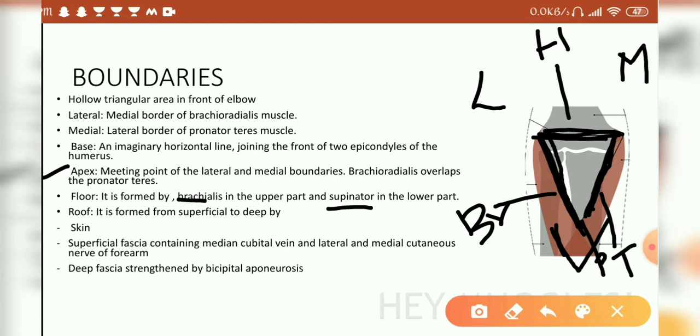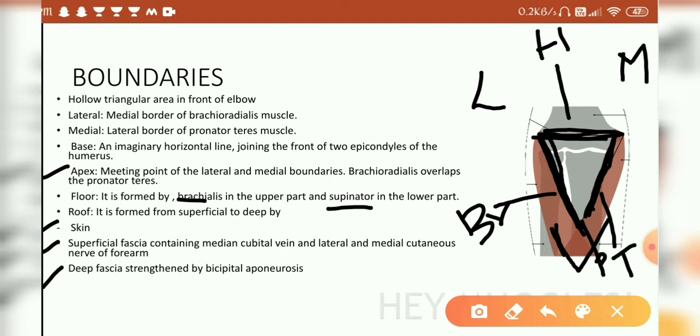Then coming to the roof. The roof is formed from superficial to deep by skin, superficial fascia and deep fascia. This was the basic that you know. Whenever we cover any topic, any fossa or any triangle, we study the roof in that way, starting from the skin to the deep fascia, right?